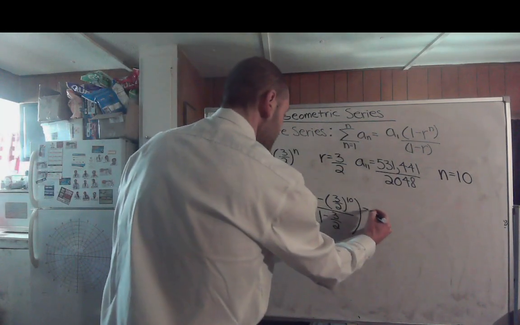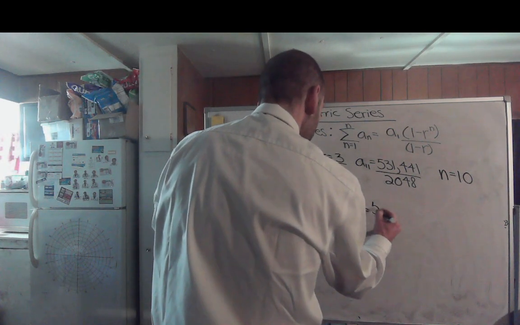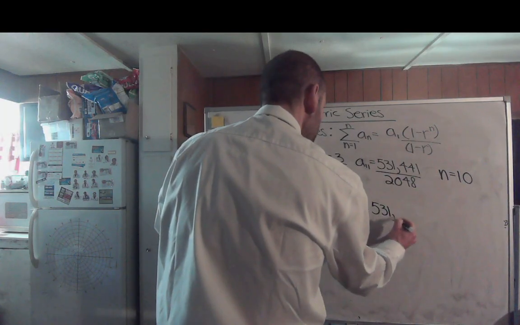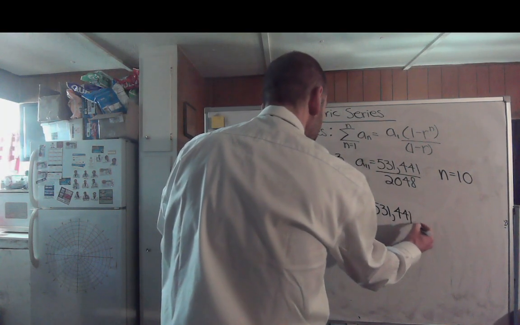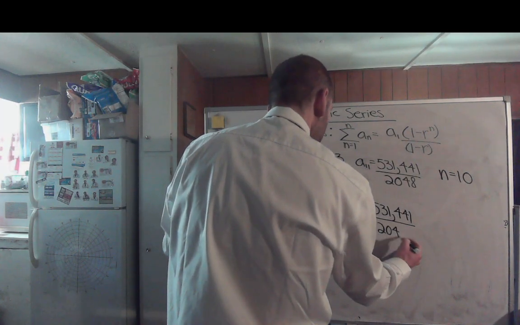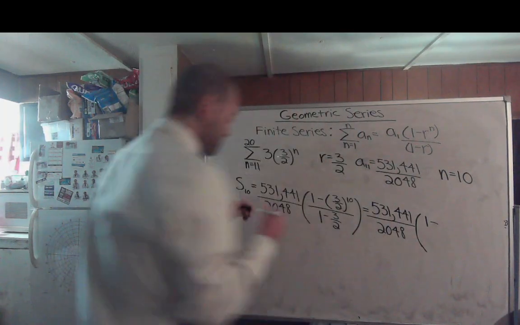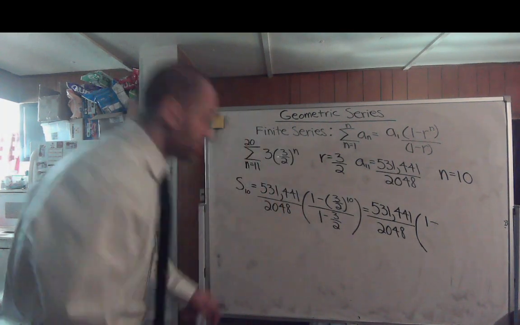So let's see what the heck we get. We still have this awful mess outside of the parentheses, 531,441 all over 2,048 times 1 minus, let's see what we get for everything to the 10th power.